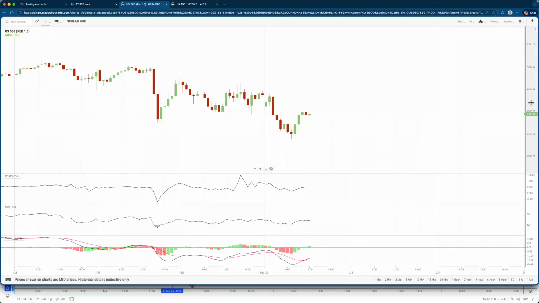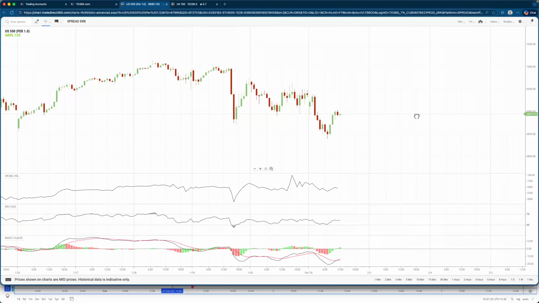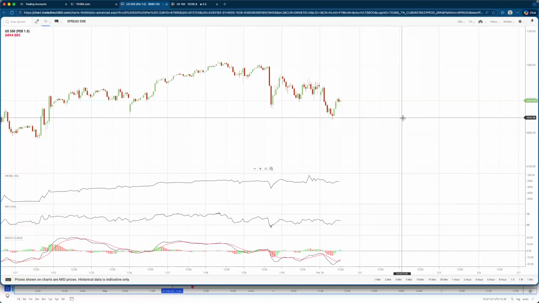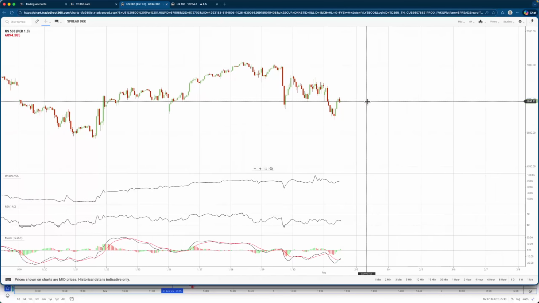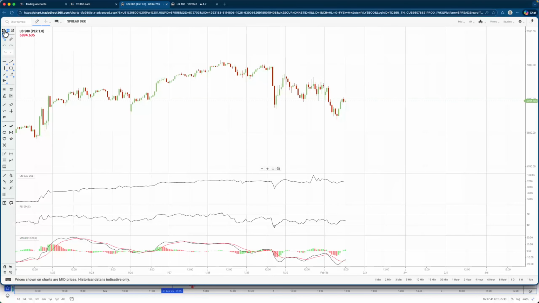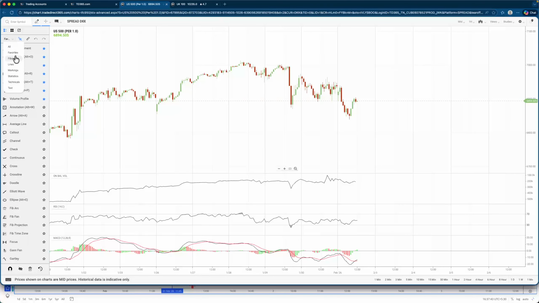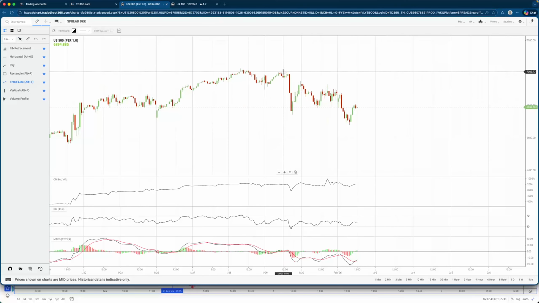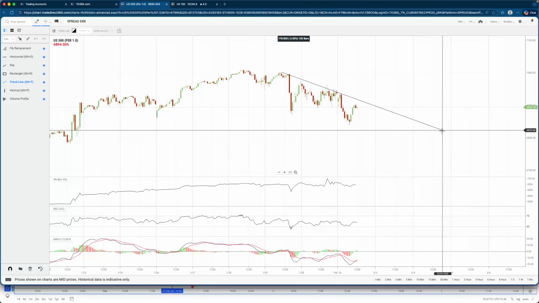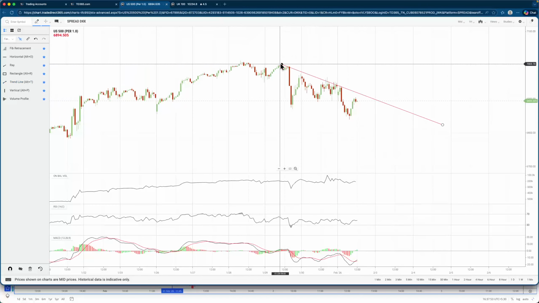And on an hourly chart, we can clearly see some sign of consolidation to bearishness. If we look here, there is a trend line rejection on this key level.